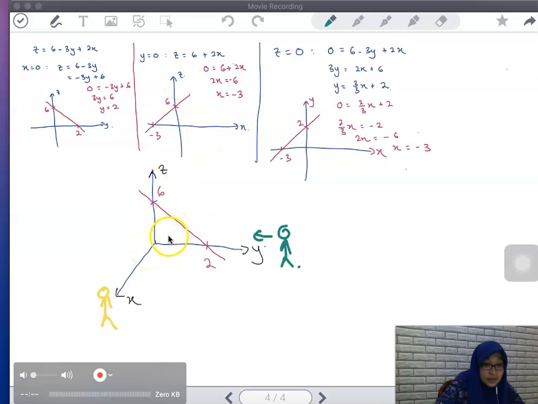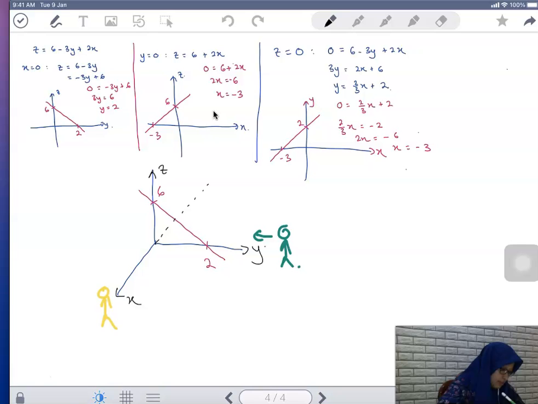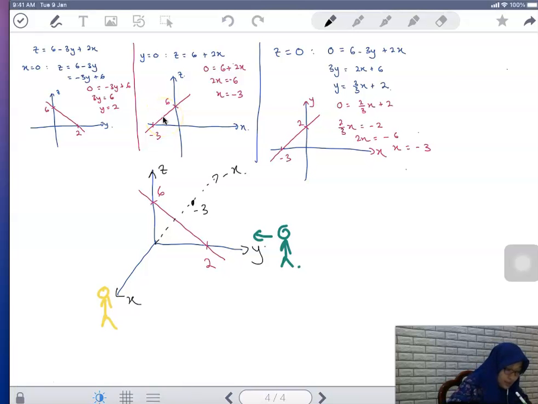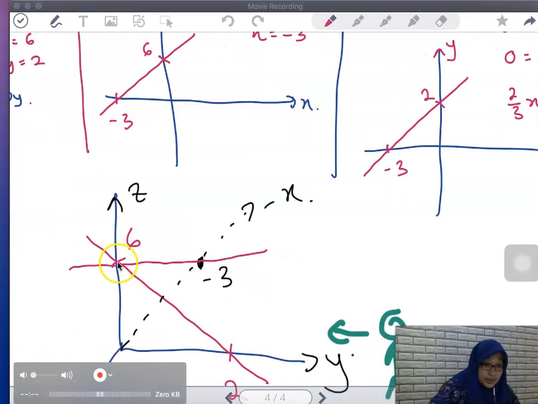Your x is negative, which is minus 3. So I draw this line, from 6 to minus 3. You can see that the points intersect each other, and this is minus 3.